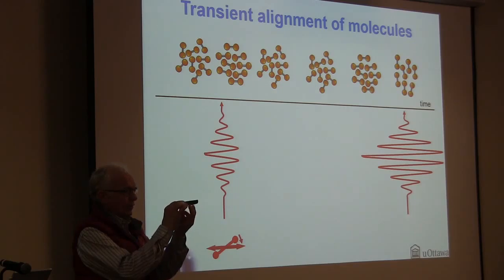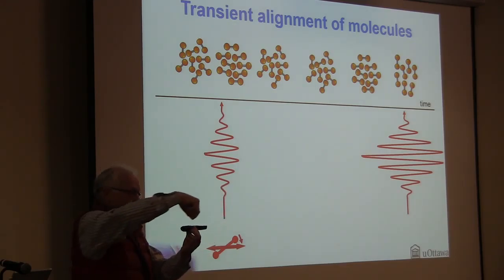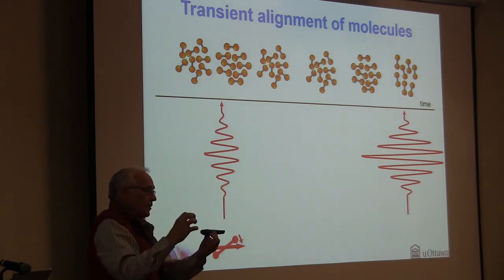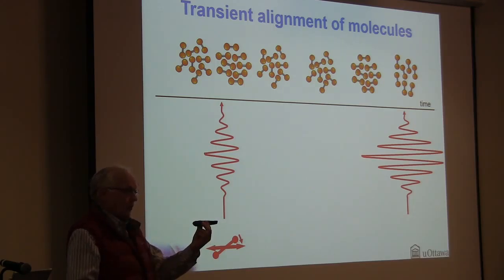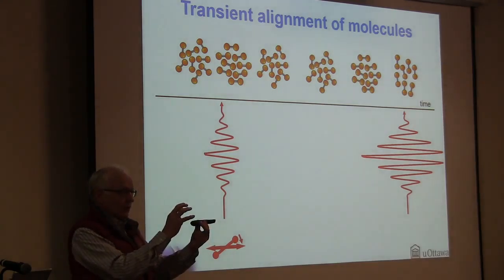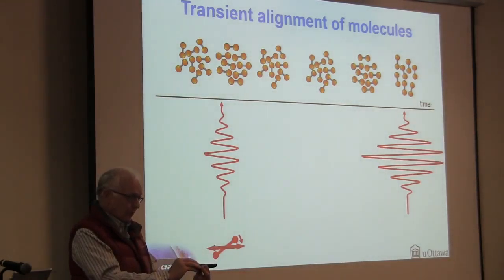Think of the molecule like this. Think of the laser field as along here. The electrons can be biased to one side or to the other side, depending on how the field is going. The dipole, thereby induced, interacts with the field, and that's the polarizability, and there's a Stark shift associated with it.